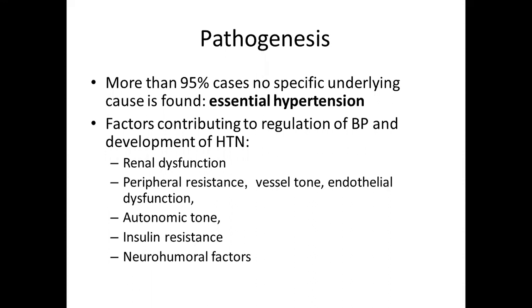Similarly, peripheral resistance, basal tone, and endothelial dysfunction also have an important role in maintaining blood pressure. If any dysregulation is present in this system, there can be an increase in blood pressure, which we call hypertension. Similarly, the autonomic tone of the body contributes to maintaining blood pressure. Insulin resistance and other neurohormonal factors like the renin-angiotensin system, as well as corticosteroids, have an important role in maintaining blood pressure.